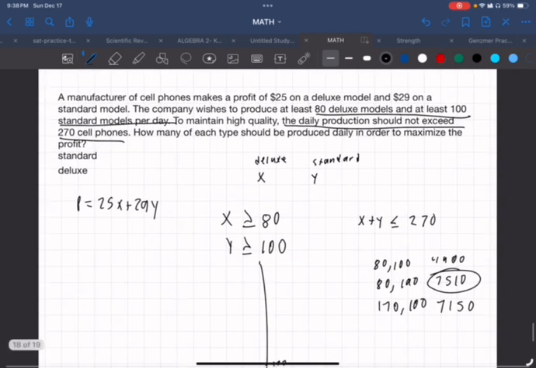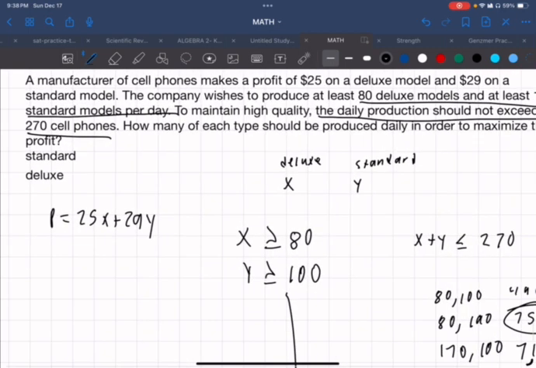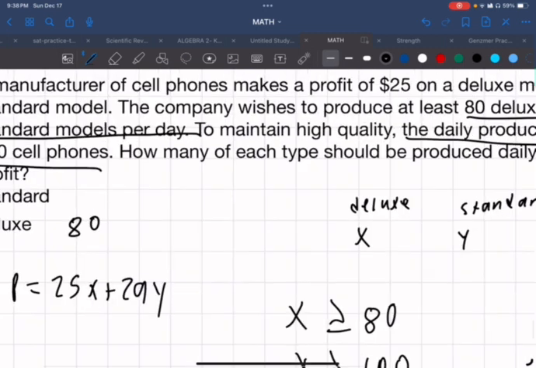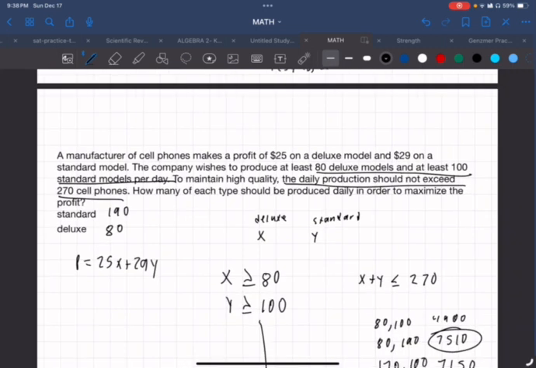It's this one. So that means there should be 80 deluxe and 190 standard. And it's right.